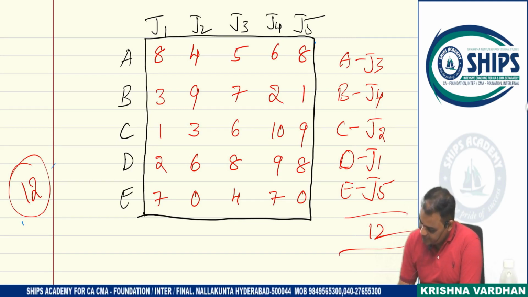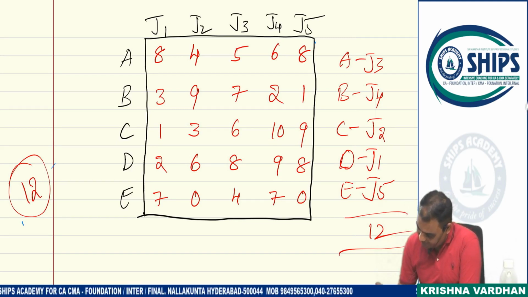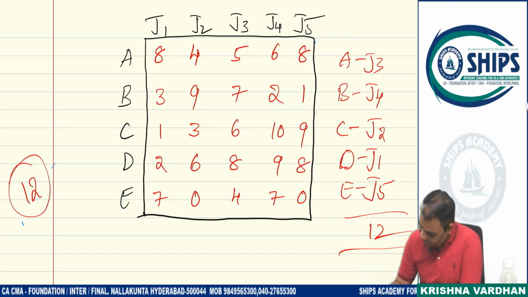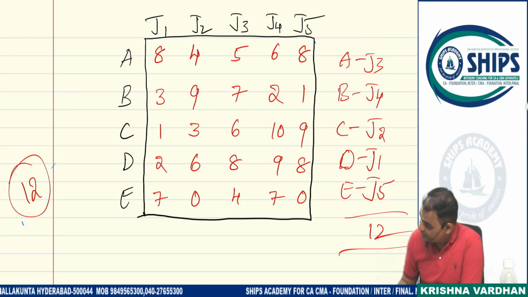Two minus. Oh, you messed up here. 2, 3, 6 minus 2 is 4. Then change it, no?